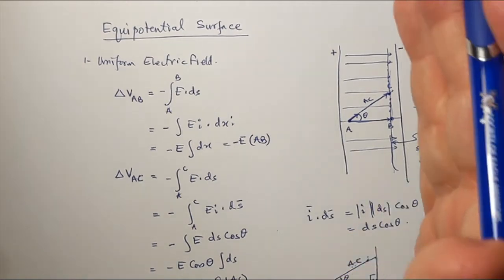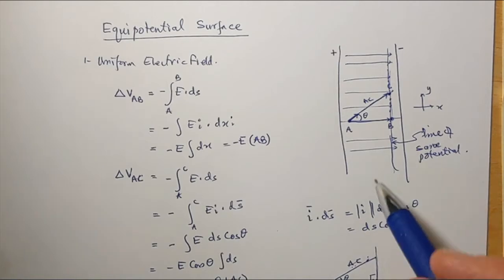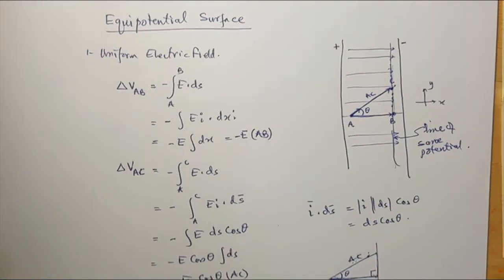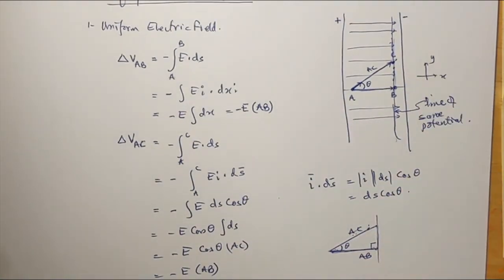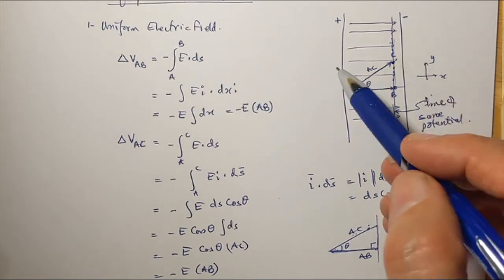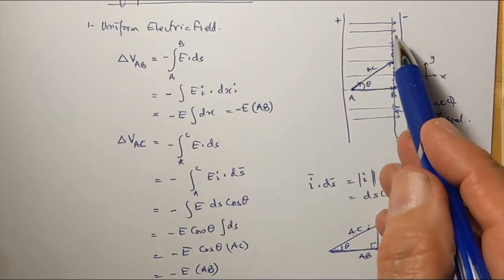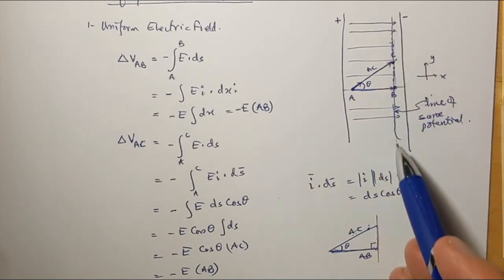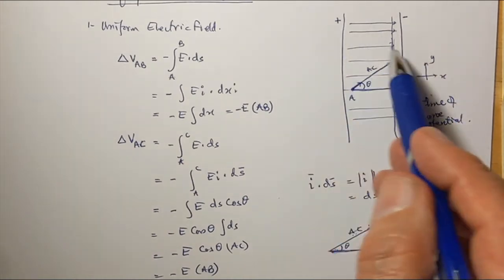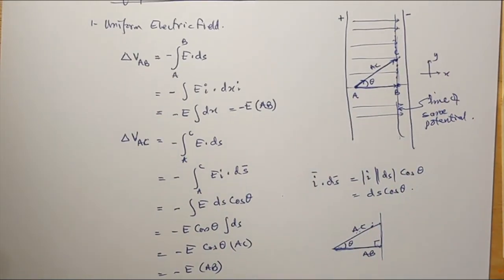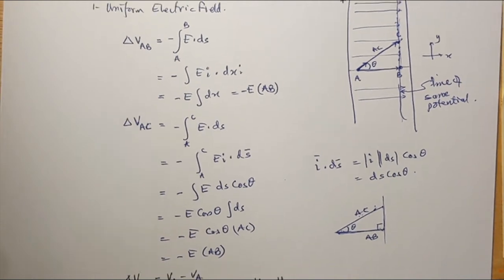Now, because this is two-dimensional, you have a plate here and a plate here, this will also be a surface, and that will be the equipotential surface. So if you have two plates, then at a given distance the potential will be the same all over the plate if the electric field remains uniform. So that's an equipotential surface.